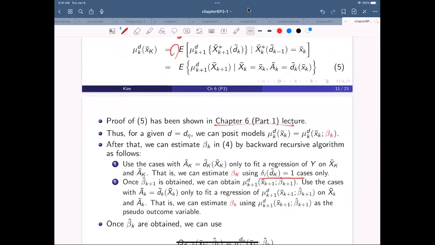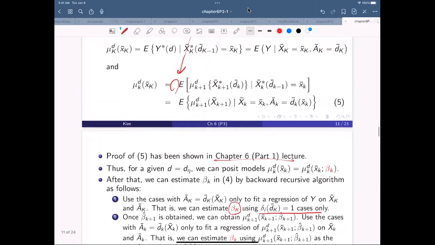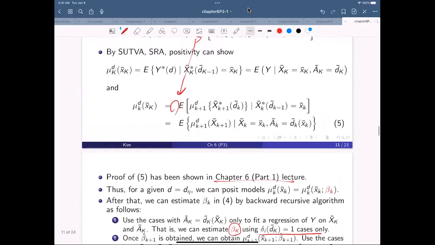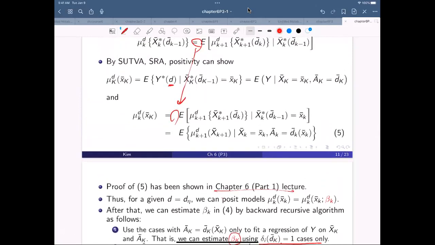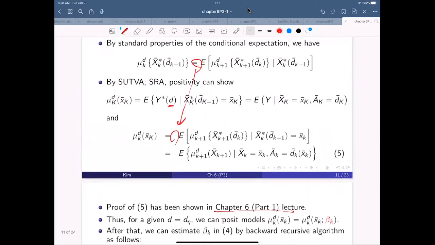We use these cases only to estimate, because this D is actually for the whole sequence K, and this is up to K minus 1, right? So when we compute this conditional expectation here, this should be a consistent subset of this D, right? Otherwise, it doesn't make sense.